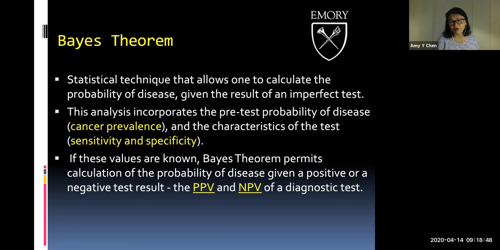But it's also very important to know what the probability of disease is, i.e. the prevalence of the disease. So in our case, it's thyroid cancer prevalence. And the sensitivity and specificity of the test and how it performs is related to the prevalence of the disease. So minimize this.